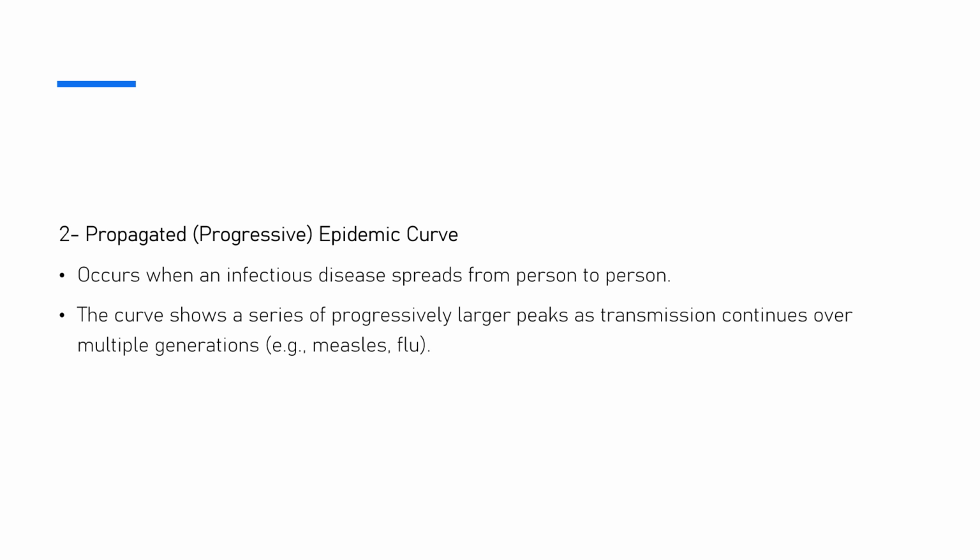For example, the flu. At this moment we have like 30, then there is a drop, then the curve becomes higher, then another drop, then higher again.